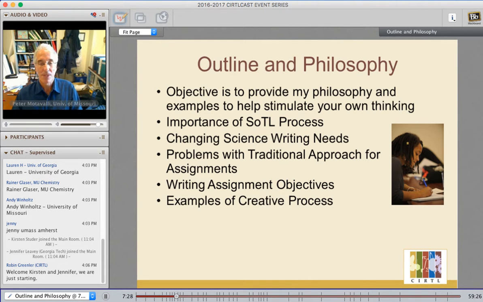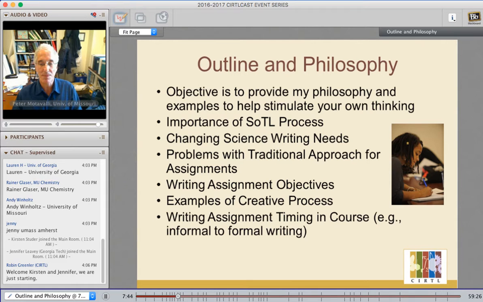I'm going to give examples of this process of developing them, and stress too that much of this takes time, and then you can come up with a pretty effective assignment. And then I'll talk about where we put writing assignments and the timing of it in the course. There's lots of considerations there.